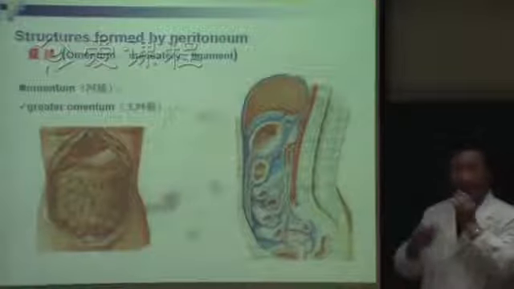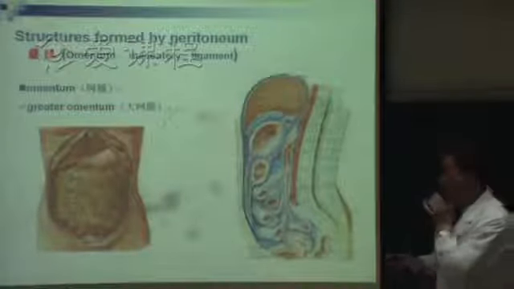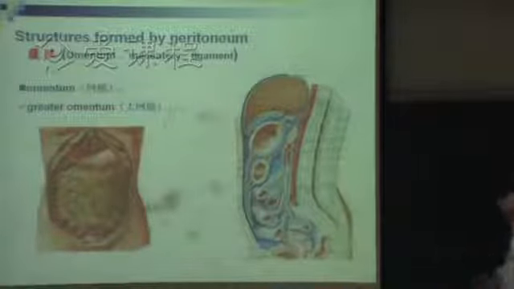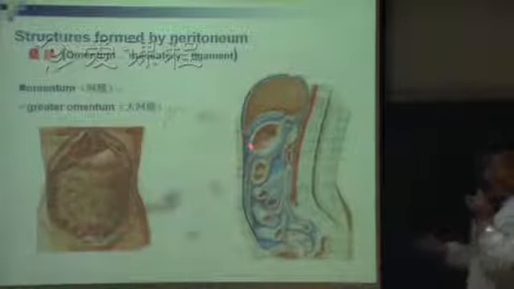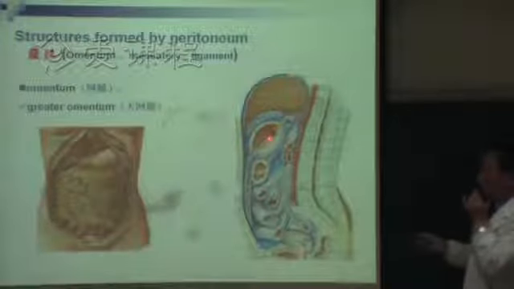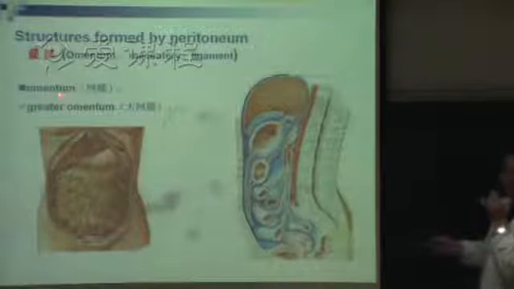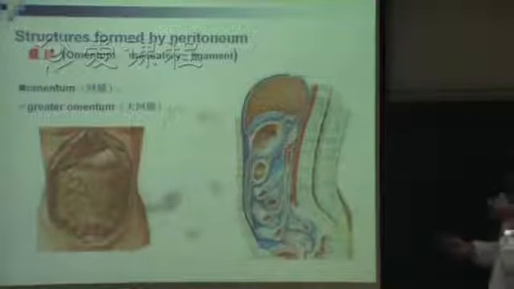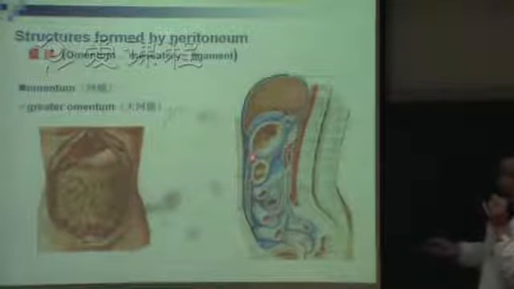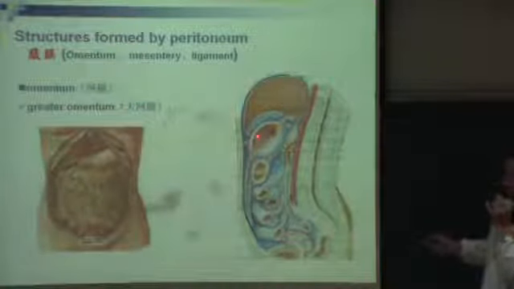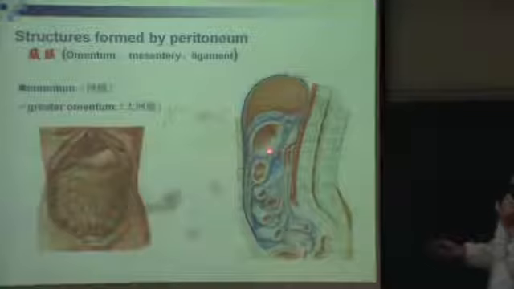When we make a longitudinal sagittal section, we can see in this figure. This is the stomach. You can see the greater omentum formed at the inferior margin of the stomach, from its anterior wall and posterior wall.